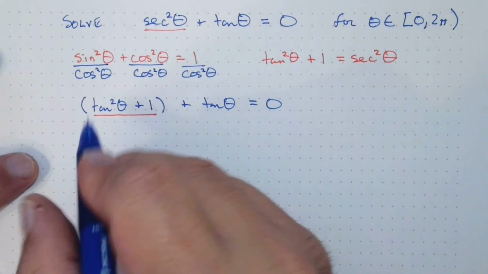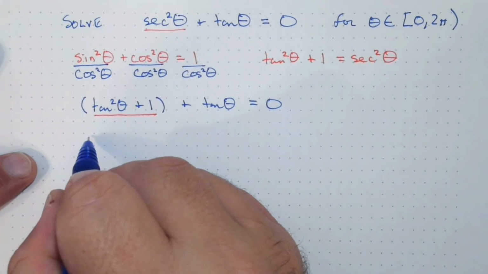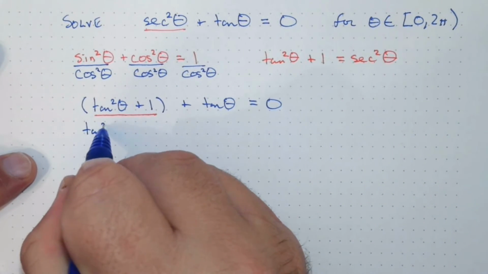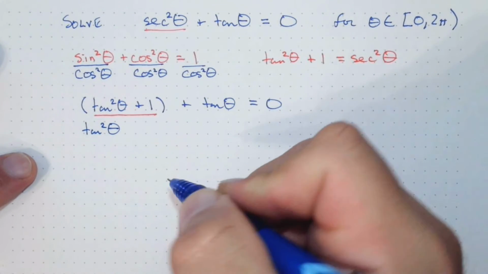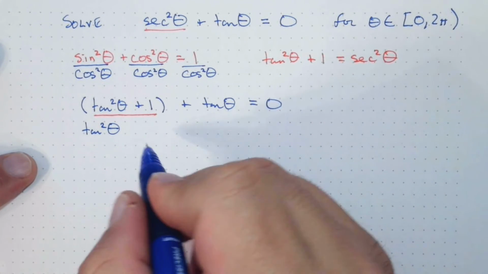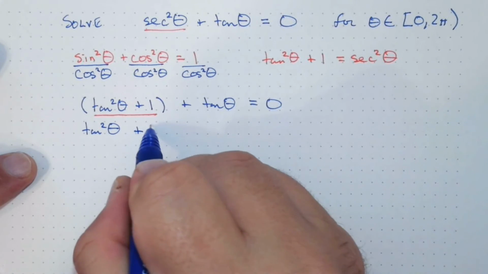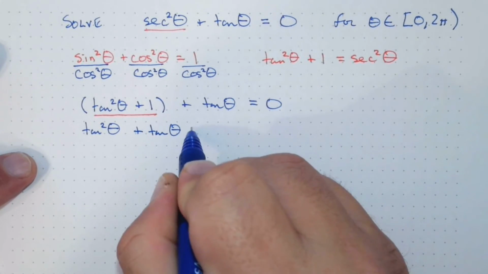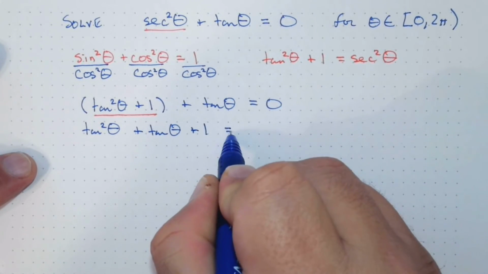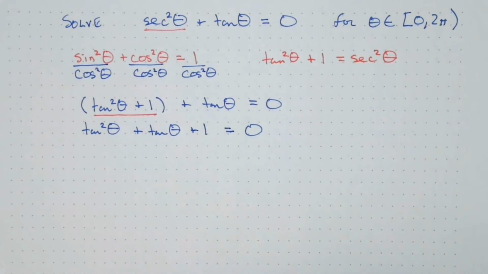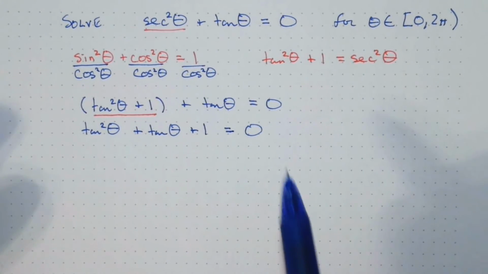Rearranging this equation gives me the tangent squared of theta plus the tangent of theta plus 1 is equal to 0.